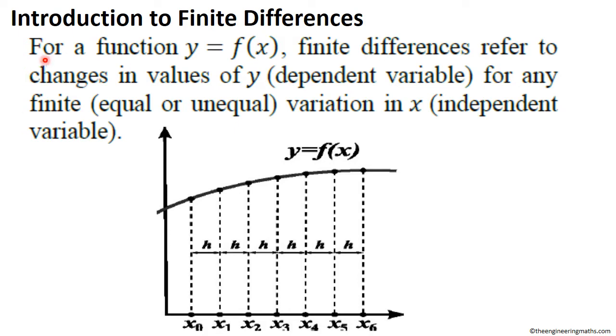Students, for a function y is equal to f of x, finite differences refer to changes in the values of y, the dependent variable, for any finite equal or unequal variation in x, the independent variable. See students, here we have particular numbers: x naught, x1, x2, x3, x4, x5, x6, and we have the values of the function at these points.